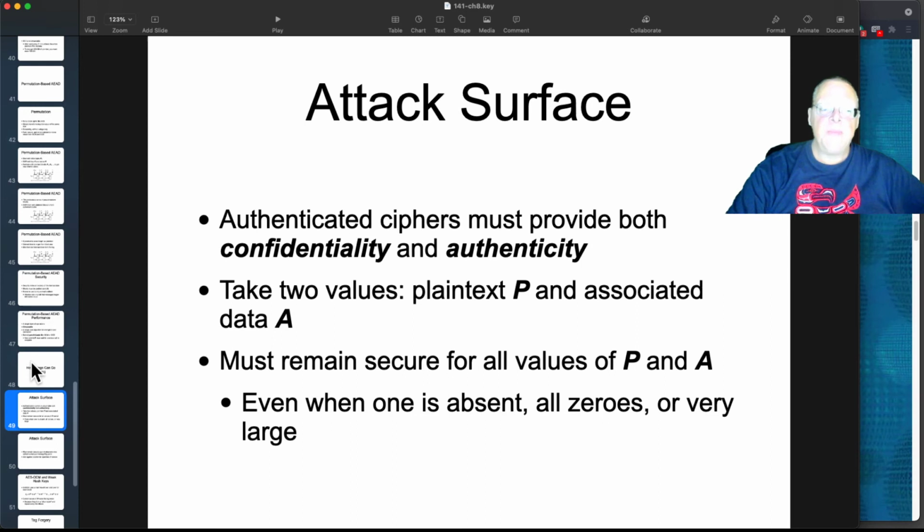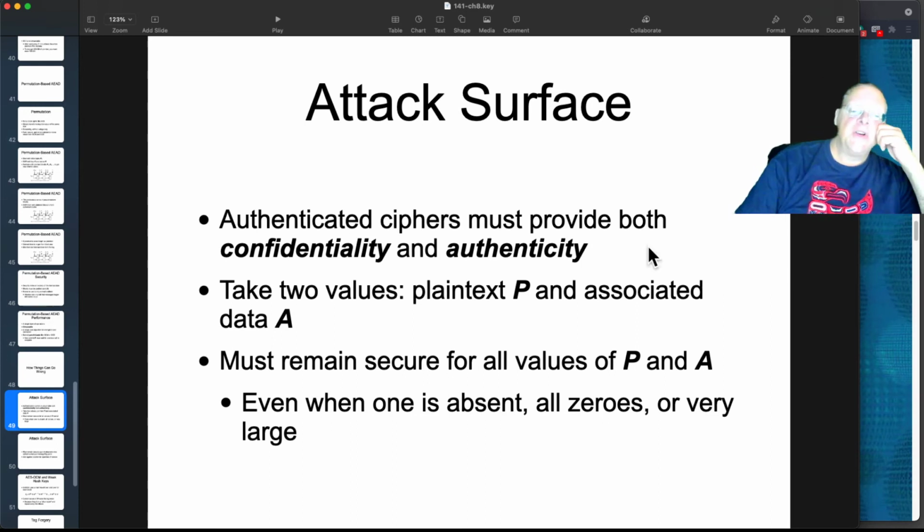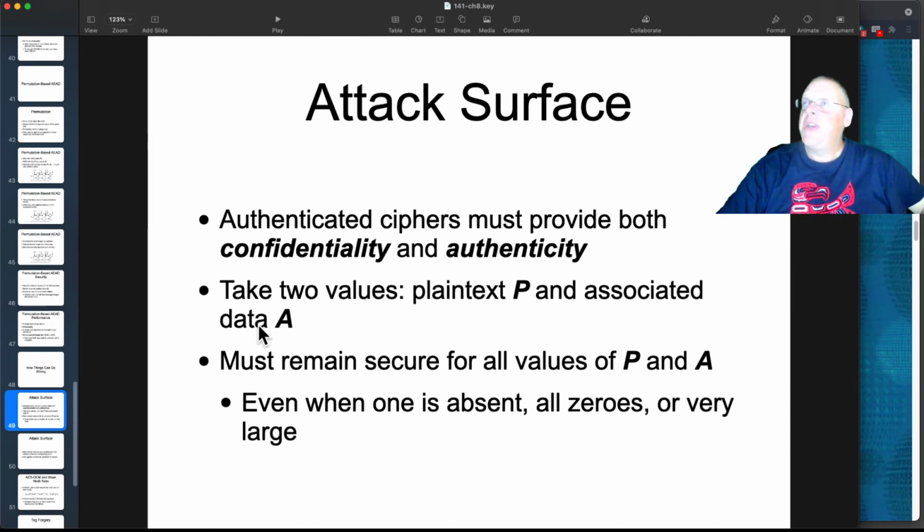And so we can talk about the attack surface. So you want confidentiality and authenticity, your plaintext and associated data. You want your algorithm to be able to withstand a chosen plaintext attack, where you can choose special values of plaintext and associated data, such as, for example, all zeros or empty, and it shouldn't leak anything out that matters.